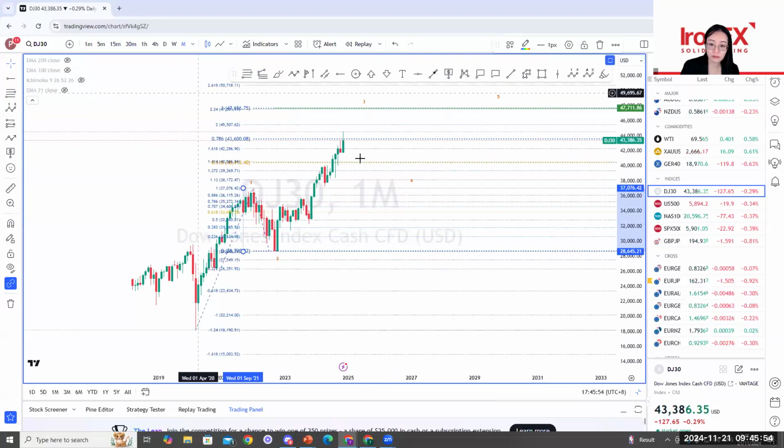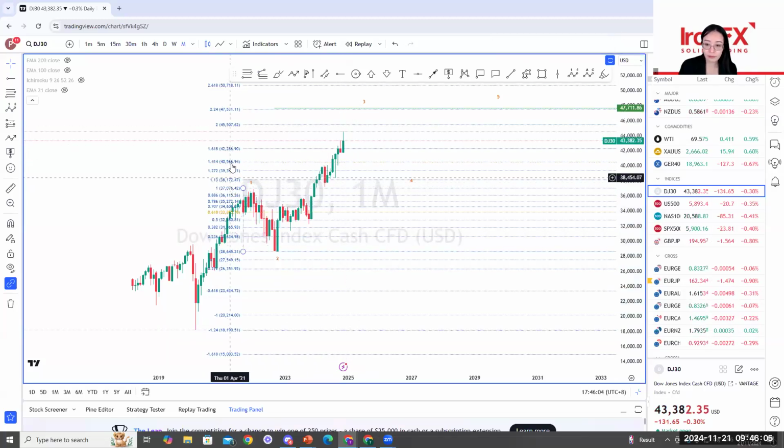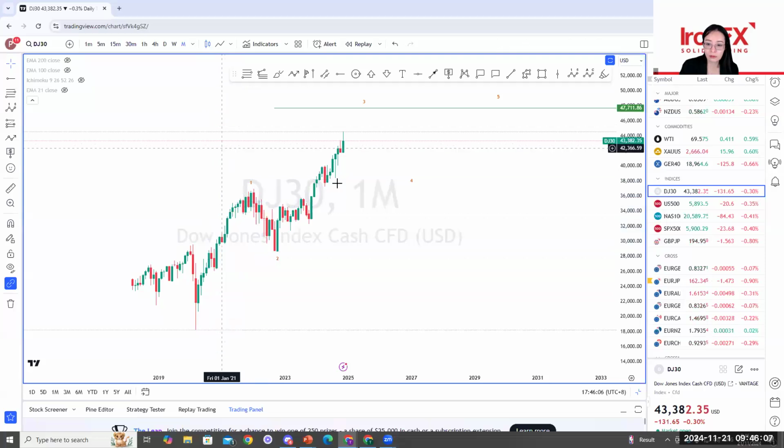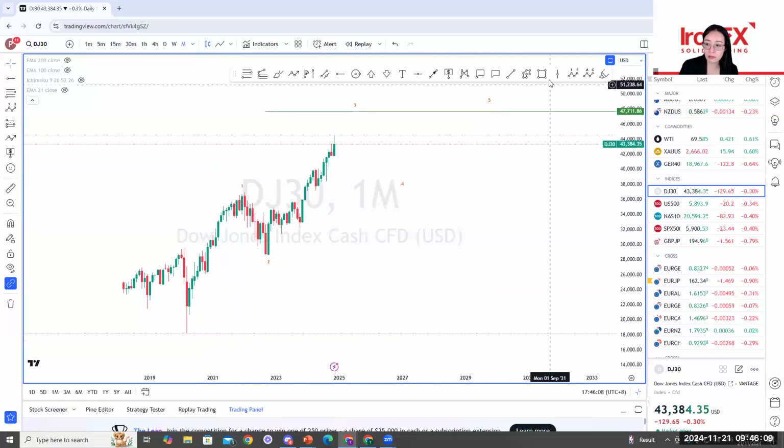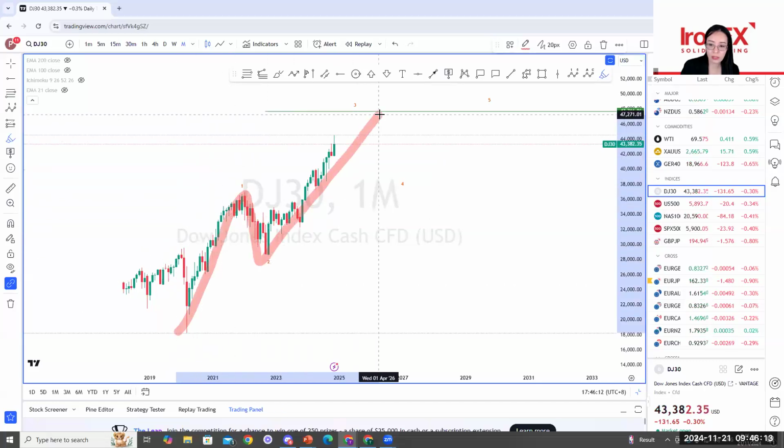You should use Fibonacci retracement extension 112 here. Okay, somewhere here. So you might see the pullback. Do you see that it looks like here? Right, pull back here and then continue to go up.